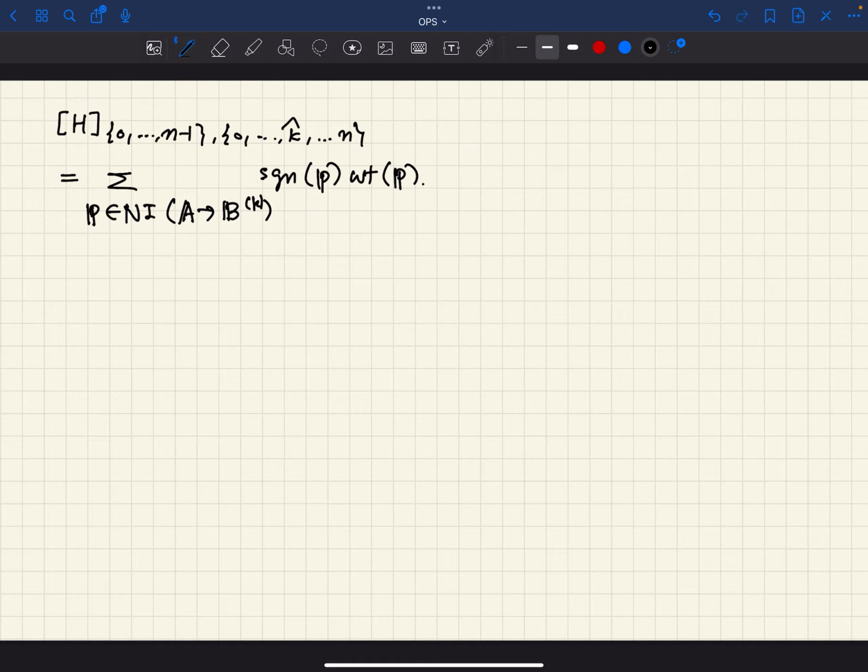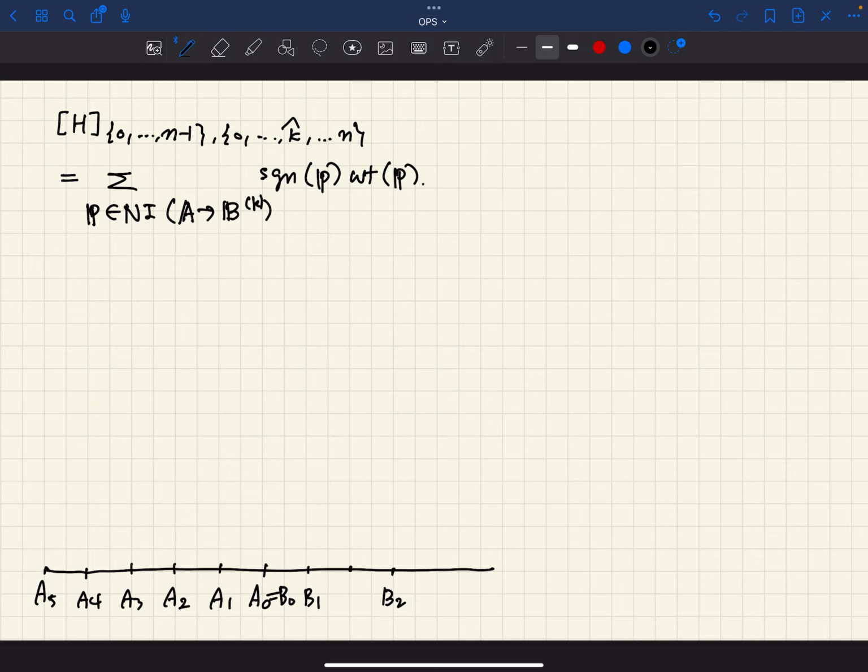But let me give you an example. I think I need to draw this nicely. So A5, A4, A3, A2, A1, A0 equals B0, B1, B2, so k equals 2, so B2 is here, and P3, P4, P5, like that, okay?